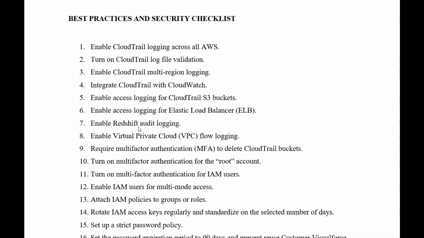Rotate IAM access keys regularly and standardize on a selected number of days. IAM access keys are required to have CLI access to any AWS resources. It's a way of accessing where we use the AWS console for GUI access, as well as Amazon access keys to connect via CLI or any API access to AWS.